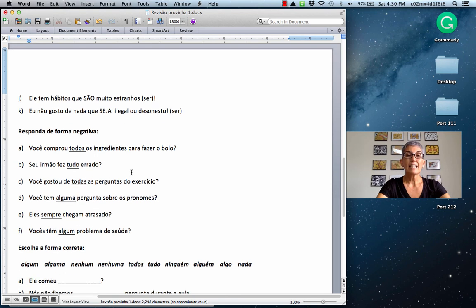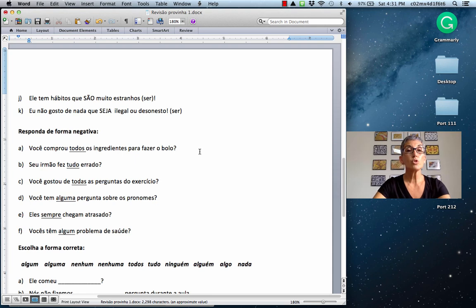Responda de forma negativa. So, just remember that what we're checking here is that in Portuguese, it is perfectly correct to use double negatives, okay? So, if I ask you, did you buy all the ingredients to make the cake? And you're going to say, no, I didn't buy no ingredients to make the cake, ok?